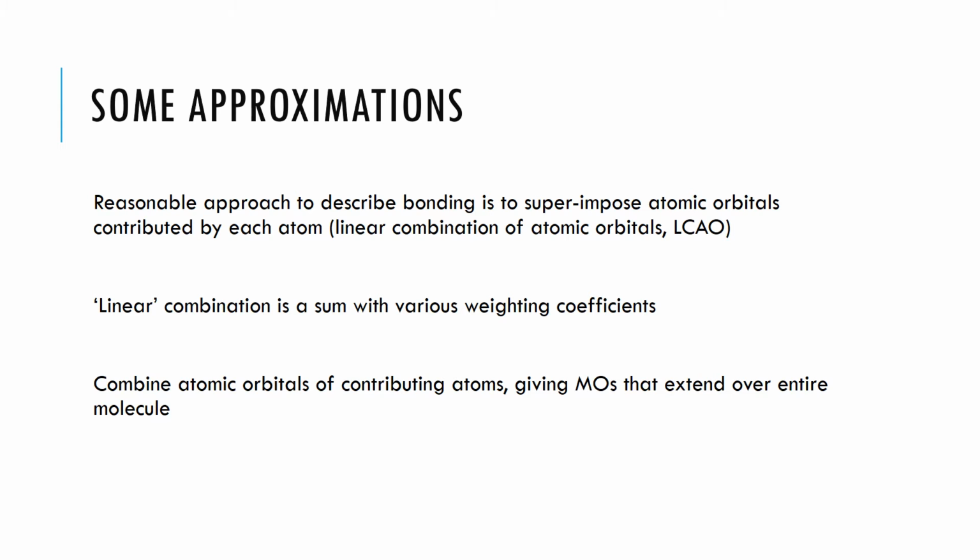So it must be that somewhere atomic orbitals which contain electrons on each of those atoms, the hydrogen and the chlorine, approach, overlap, and form some kind of new orbital, a molecular orbital, through the sharing or the overlap of those atomic orbitals. And we call this the linear combination of atomic orbitals. And that linear combination is a sum, and it can have various weighting coefficients. We'll speak about that in a moment.